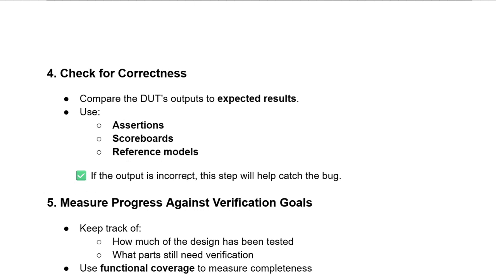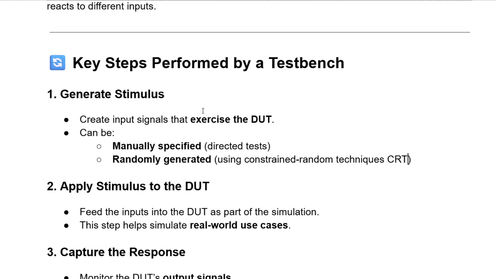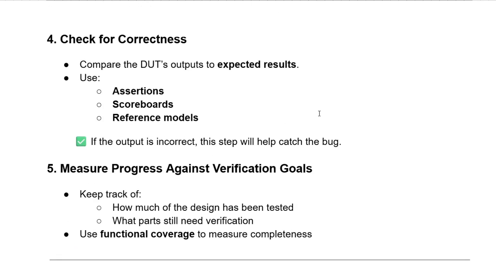If the output is incorrect, this step will catch the bug, and tell you which generated inputs give you the bug.